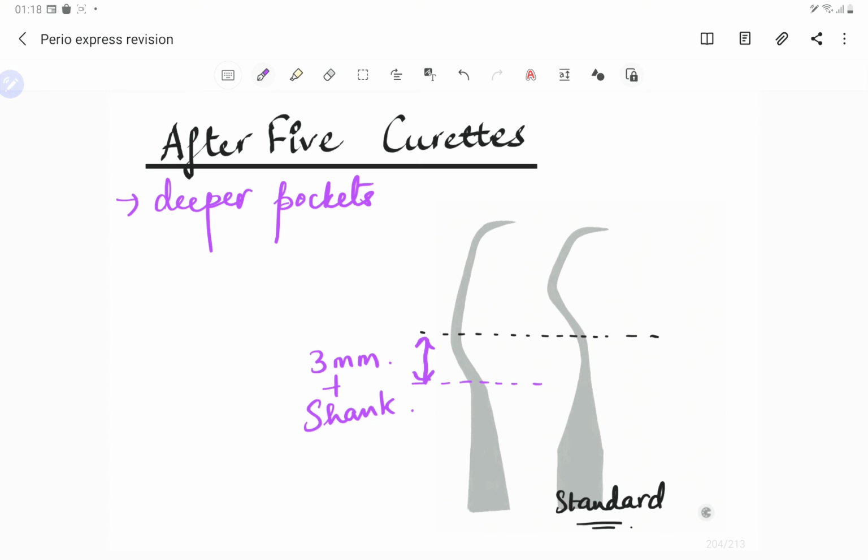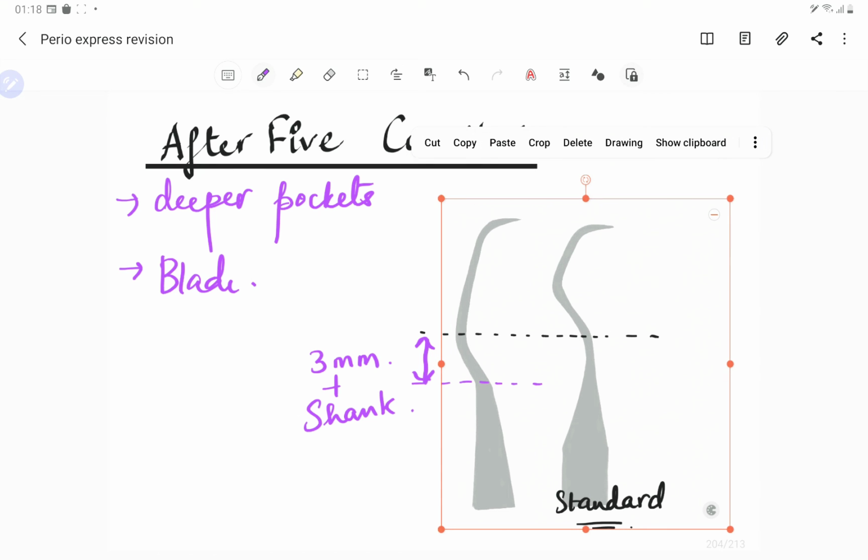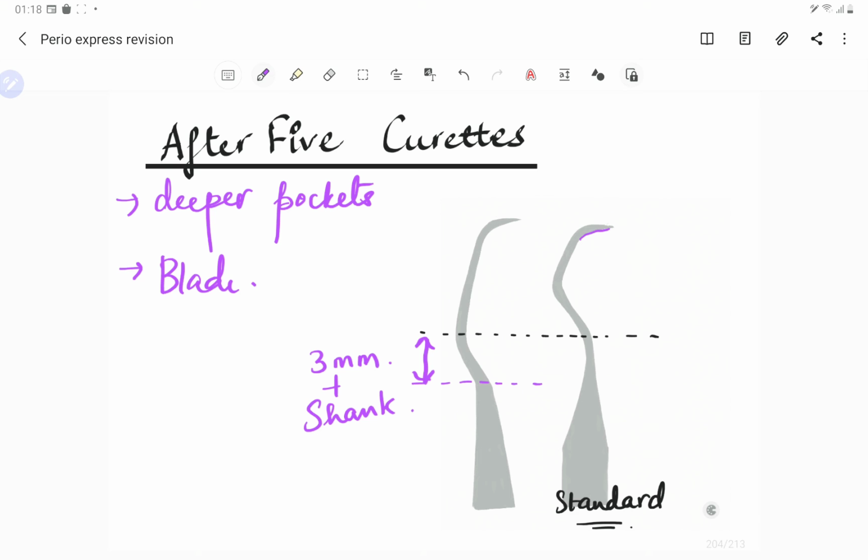So there is increase in the shank, and also guys the blade is thinned. So this is the diameter of the blade, right? Now what happens, this blade is thinned over here, so not much of the thinning is there, but the blade is thinned by 10%.